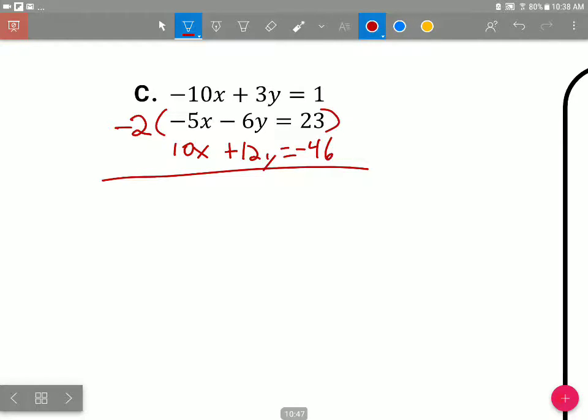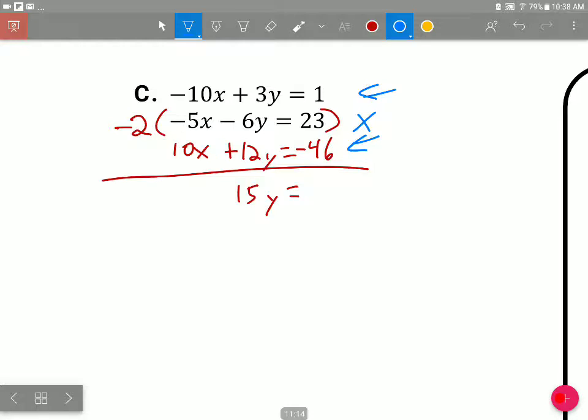All right, so add up the x's. How many x's do you have? Well, negative 10 plus 10 is what? 0. Okay, so move to the y's. What is 3 plus 12? 15. So I have 15 y's. And we're only adding the first one and the third one. We manipulated the second one, so we don't want to add that one right now. So then do the right side.